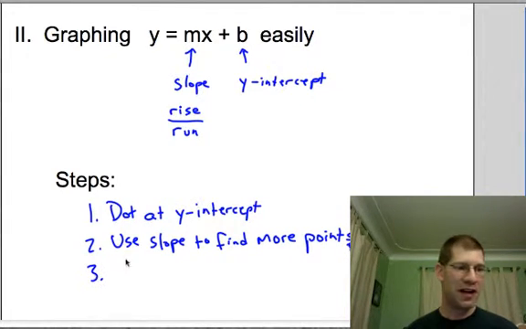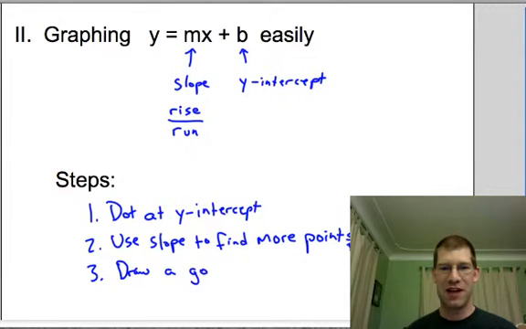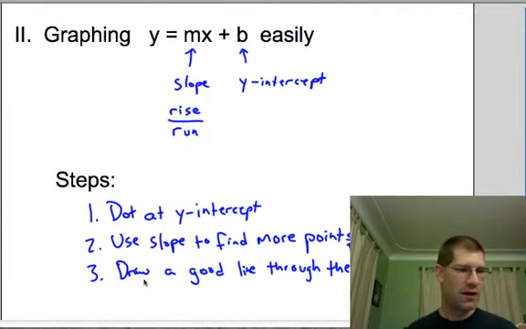And then number 3, carefully draw a neat straight line through the points. So draw a good line, make it shorter. But neat and straight would be wonderful. Draw a good line through the points. And these are kind of my encouraged steps, but you could go back to making the x and y chart.